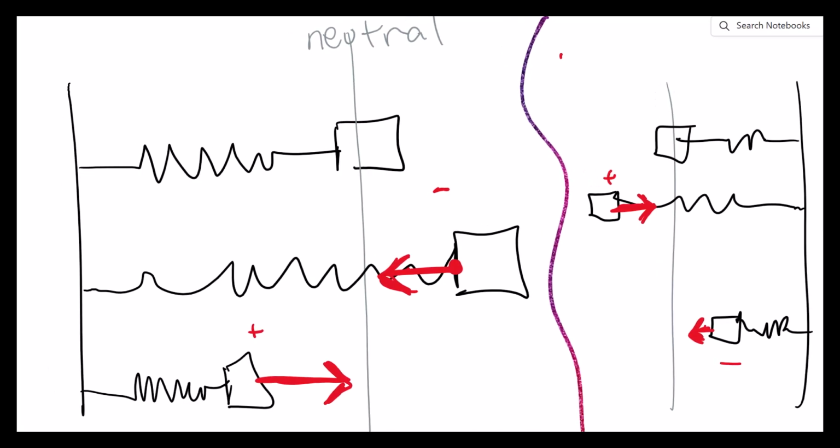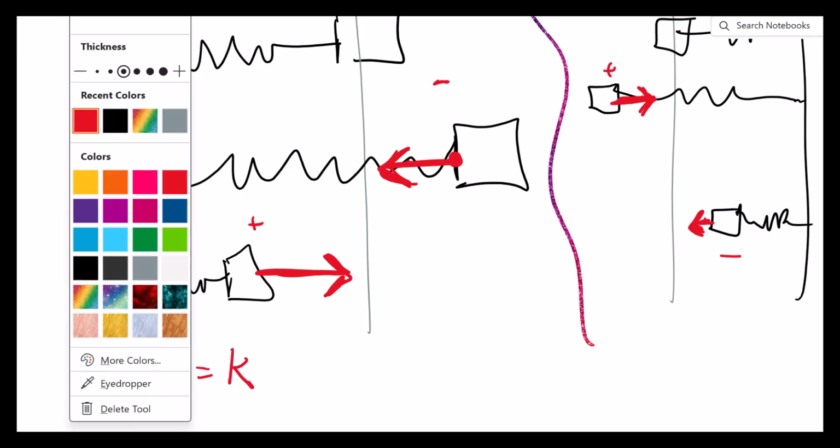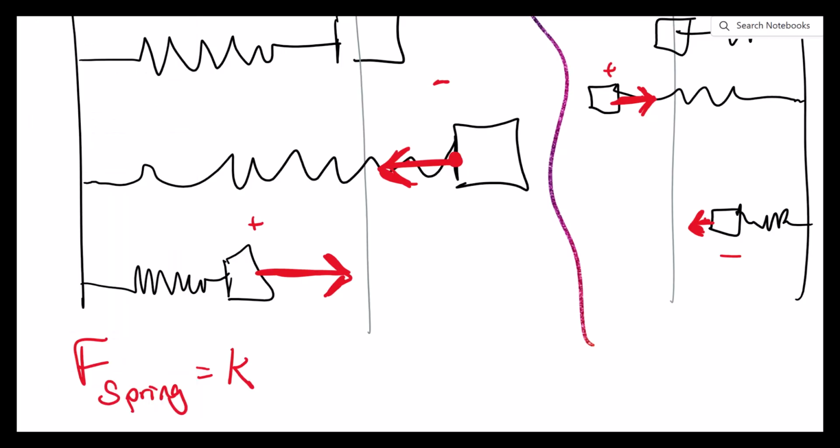There's a spring constant, kind of like that coefficient of static friction. There's a spring constant that basically means the more you pull, the harder it wants to go back home. So there's this thing called the spring constant K, and it's usually measured in newtons per meter, because the force of a spring is given by K times however far away it is from neutral.